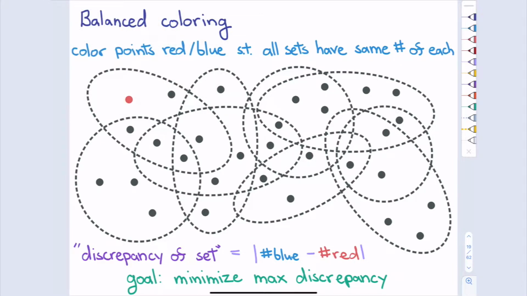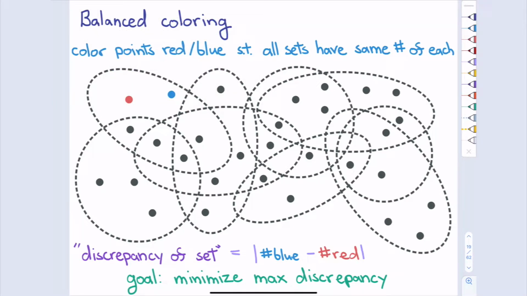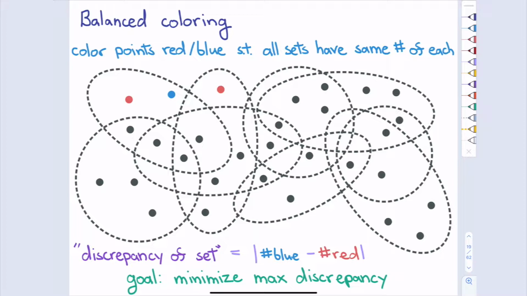Okay, I'll go here. Okay, I'm going to keep going along the top here. Red. Okay. So again, the goal is to keep the same number of red and blue across. So I'm just going to roughly go in rows, unless you guys would prefer something else. How about this point? Red? Okay, we'll do red.